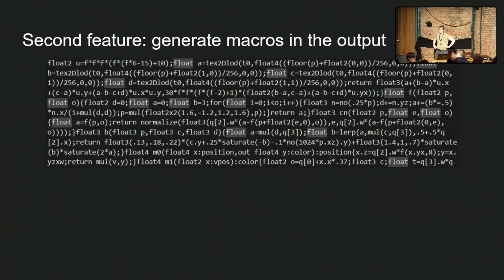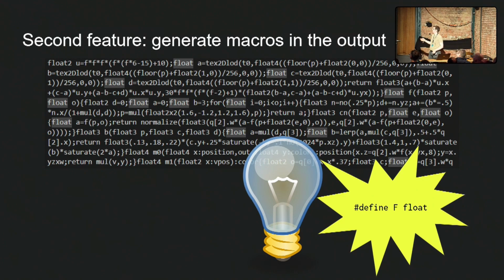And the classic idea when you try to minify things, like code golf, you might have seen in C, is that maybe we can just do this hash define f float, and then we just use one character for all of these floats. So this can reduce the size of the shader significantly.